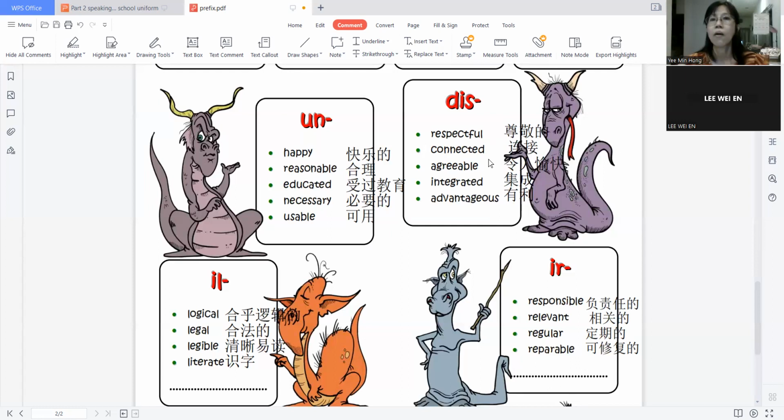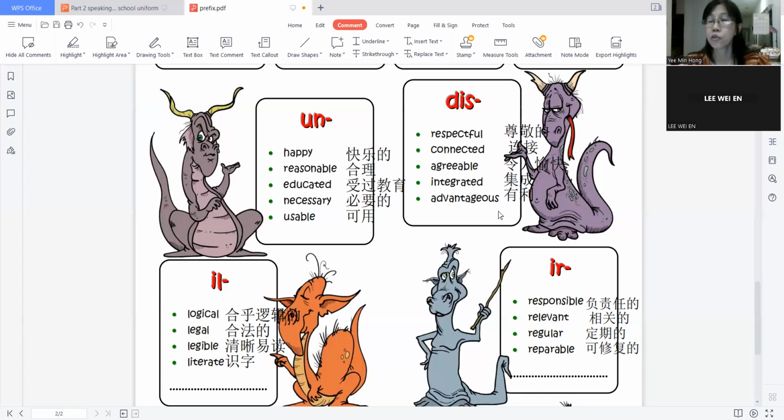Disagreeable means not in agreement. Disintegrated means fallen apart, scattered. If there is no rightful moral values in this society, all the family units will be disintegrated.